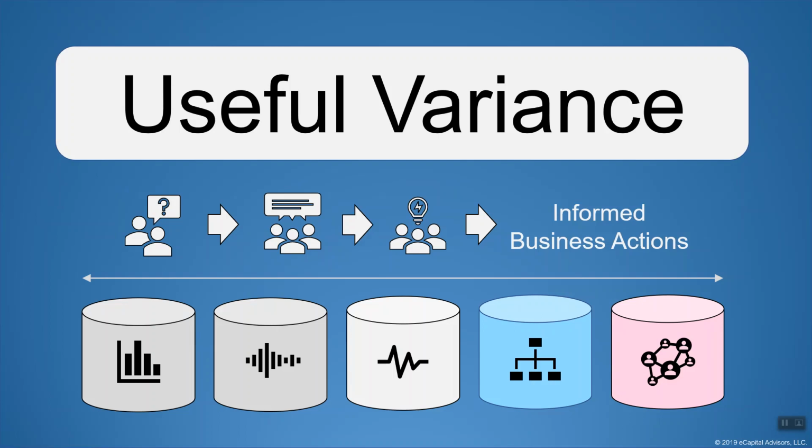Just finding variance and doing a neat analysis that we can't act on is nice-to-know information, but it doesn't cut it when it comes to driving informed business decisions. So at eCapital, we really focus on looking for useful variance. Useful meaning we can help make our businesses more effective or more efficient.